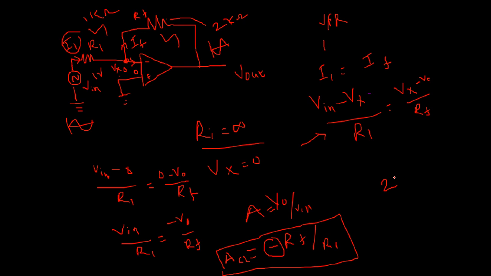The gain will be 2. V out is equal to gain 2 into V in. V in is 1 volt, so V out you will get 2 volt. We have given input 1 volt, that is amplified, and we are getting the output at 2 volt. So the input is amplified and inverted. The negative sign refers to the inversion.